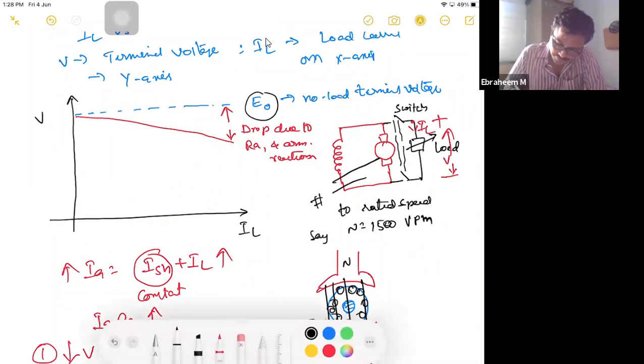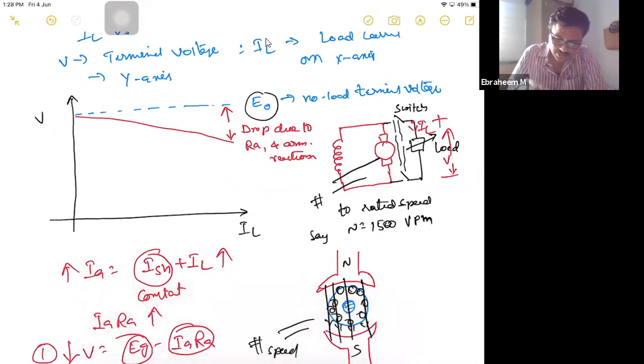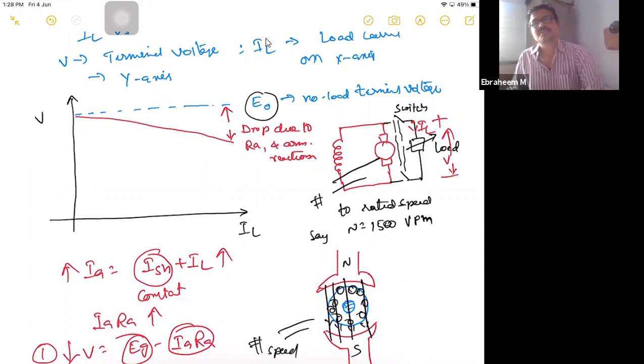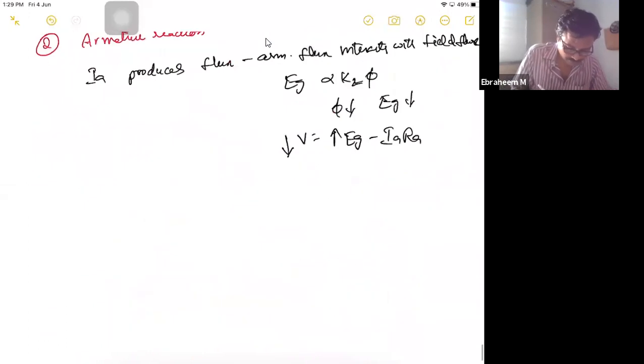You have other types of generators also. What are the other types? Compound generators. For compound generators, there are two types: cumulative compound and differentially compound. For example, take a long shunt compound generator.